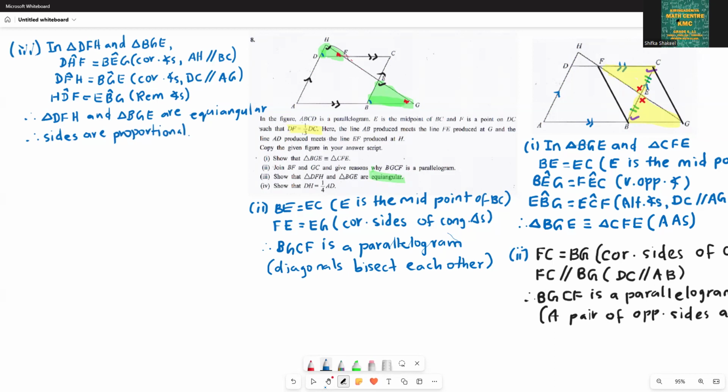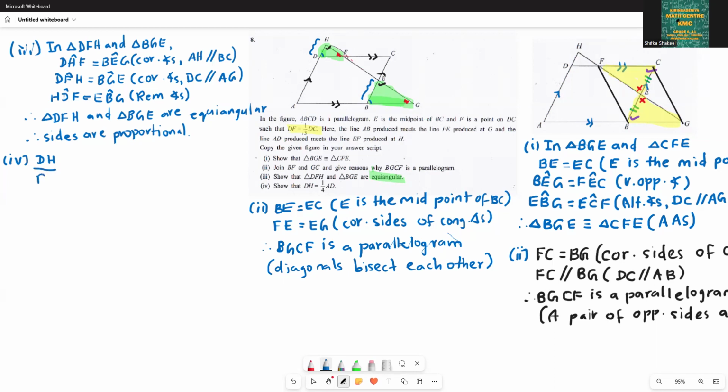Okay, children, we will move to the last part. Show that DH is equal to 1 over 4 AD. In equiangular triangles, we can say the sides are proportional. According to that, we will write DH. The corresponding side for DH is this side, with a blue angle and a black angle marked, which corresponds to this side, BE.